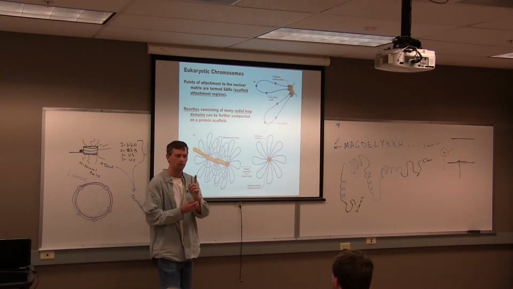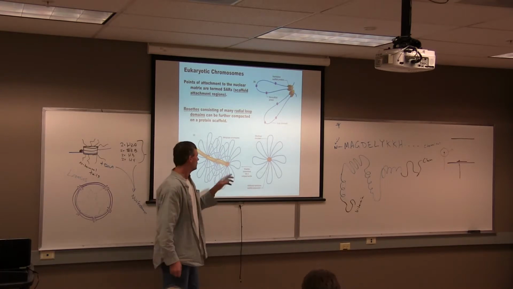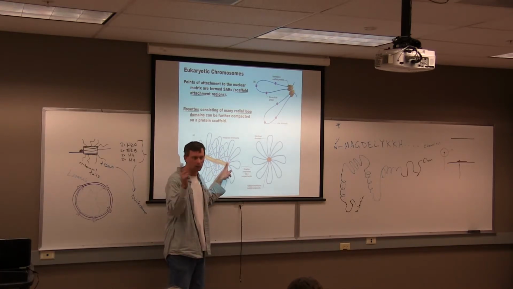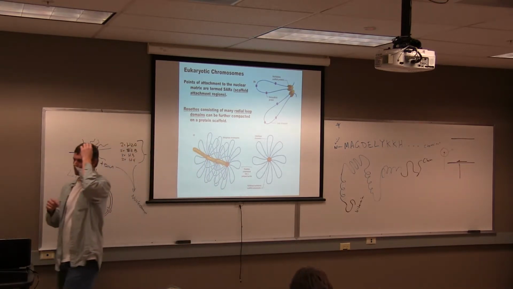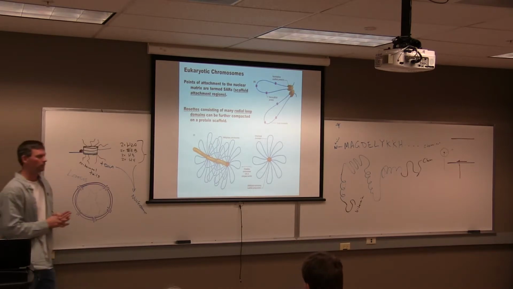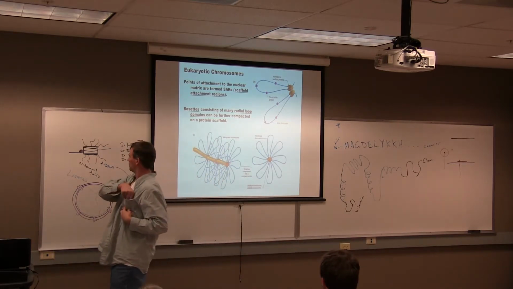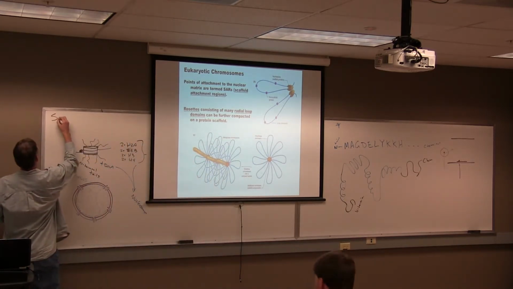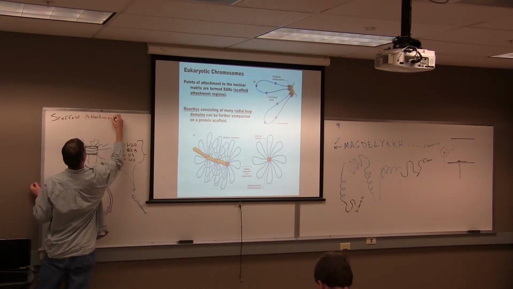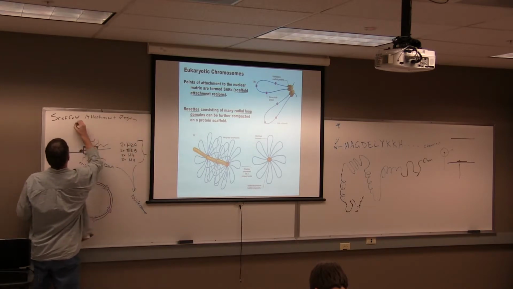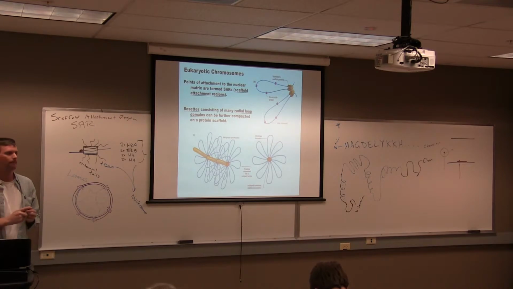So those sequences are known. When I was in graduate school, they were not known. We knew that there was a connection point. We didn't know what the actual DNA sequence was. Okay? So we call those SAR, scaffold attachment region.